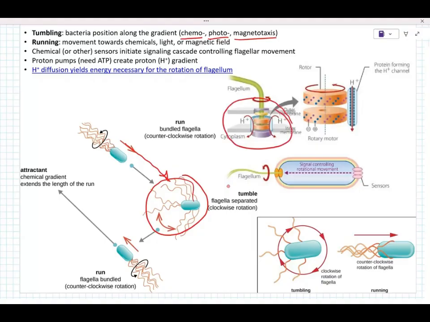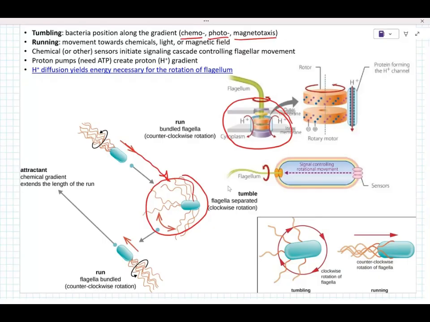Now, if you start looking at the immediate source of energy for flagellar movement, you will probably be surprised that it's not directly ATP. It's a concentration gradient of hydrogen ions across the membrane. I'm pretty sure you're asking yourself, why is that relevant? Why is that important? Well, hydrogen ions are effectively acid, effectively pH.